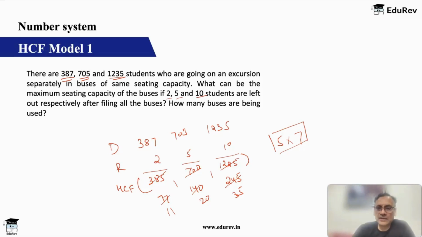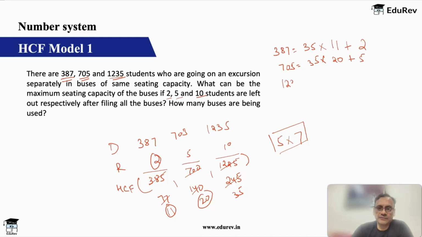In fact, now we can write it like this. 387 is equal to 35 into 11, plus the remainder that is given to you here. Similarly, 705 is equal to 35 into 20 plus a remainder of 5.